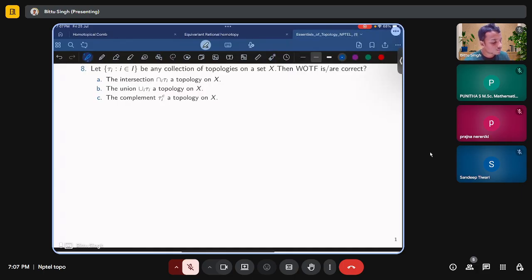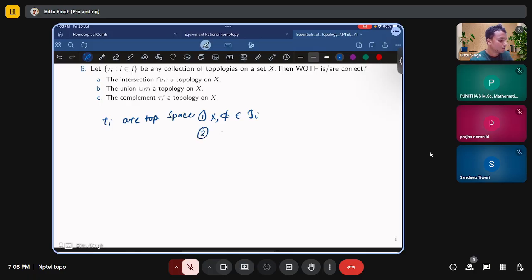So let us see. What are the defining properties of a topological space? The tau I are topological spaces. That means empty set belongs to tau I, and X also belongs to tau I. So X and the empty set are both in tau I. This is one property.